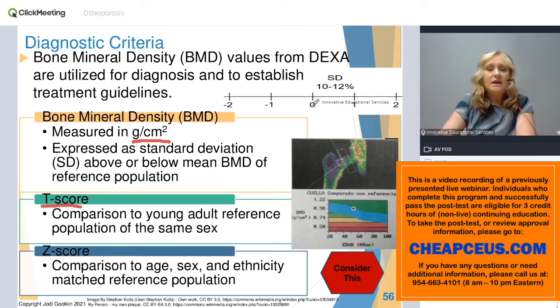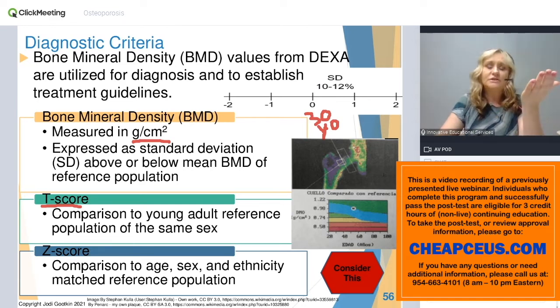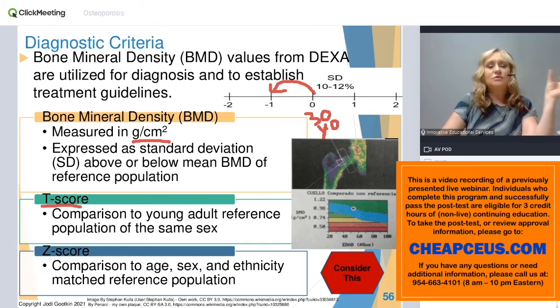If 0 is that 30-year-old with peak bone density, then each standard deviation is about 10 to 12% better or worse than that reference range. So if someone is going into the negative, each standard deviation is 10 to 12% less than that reference range.